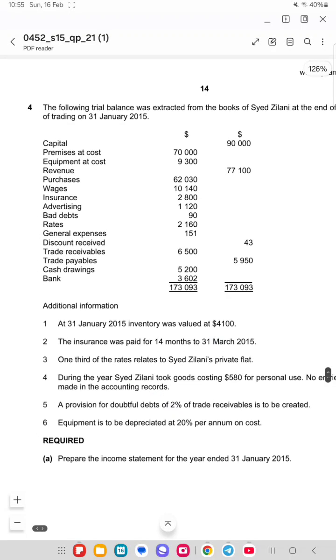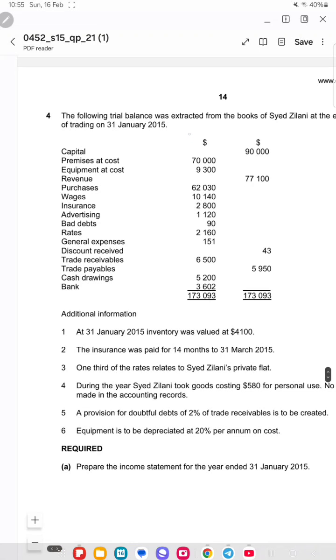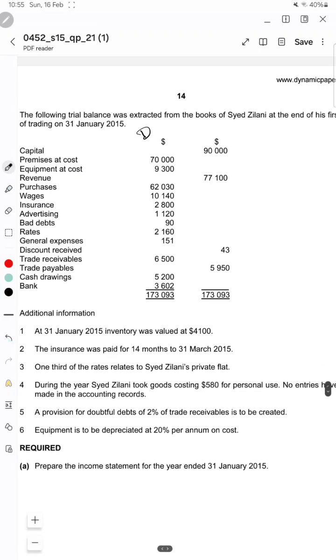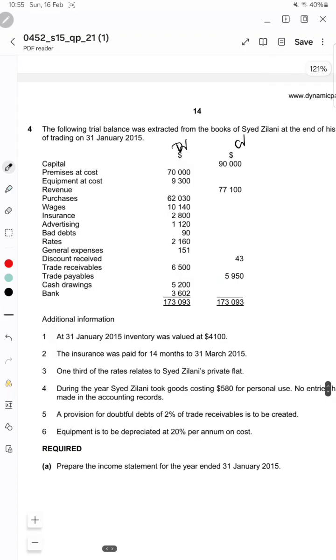So a trial balance. This is the debit side balances, and this is the credit side balances. Here capital and premises at cost, equipment at cost, revenues. Revenue is a credit balance account. Capital is a credit balance account.